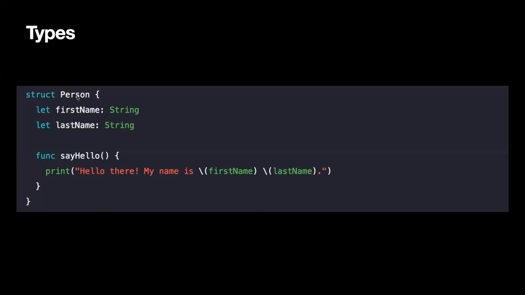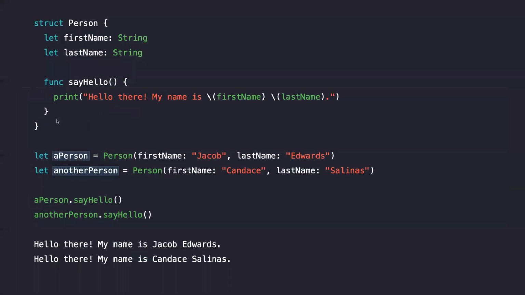So it has behavior and it has attributes or properties. The next example is a more complex one. Here's how you use this data type: you create it and pass to it the attributes that you want, so you have two different persons, and each one will have its own values.